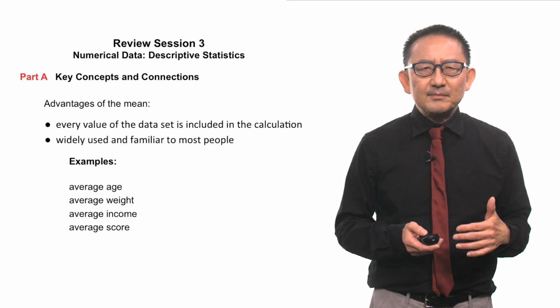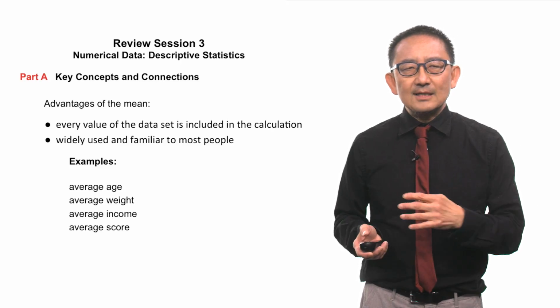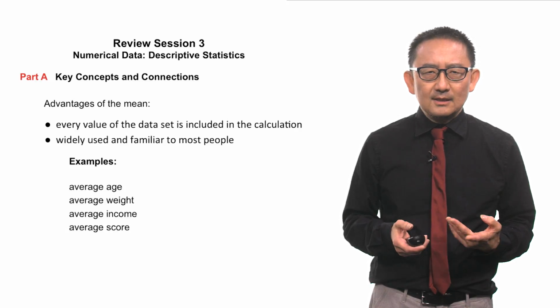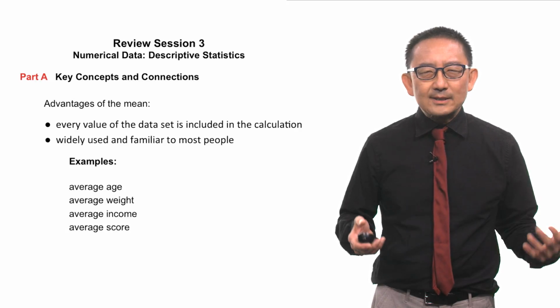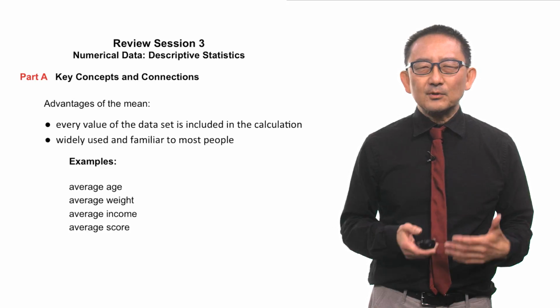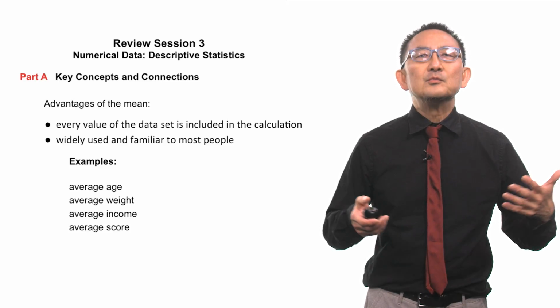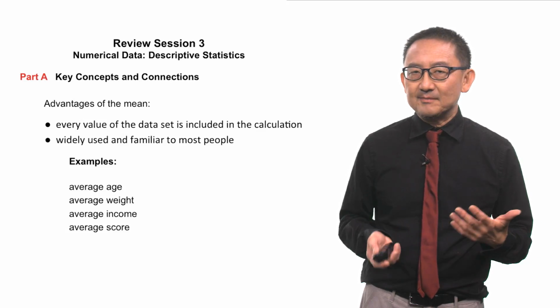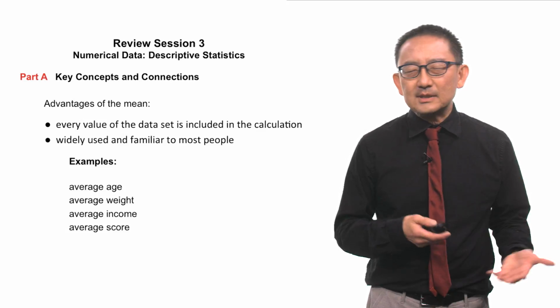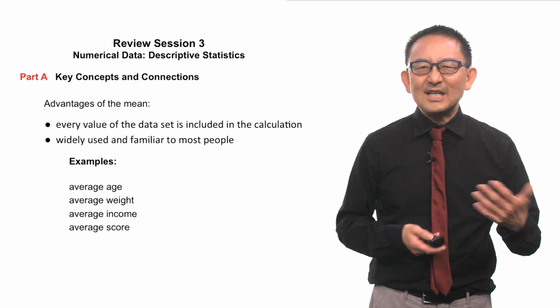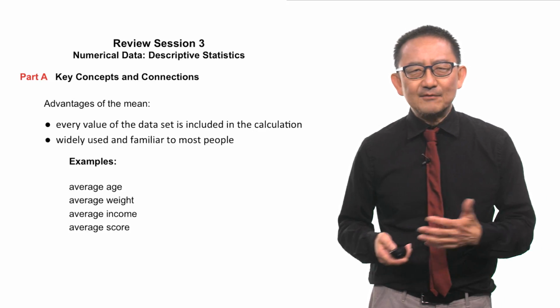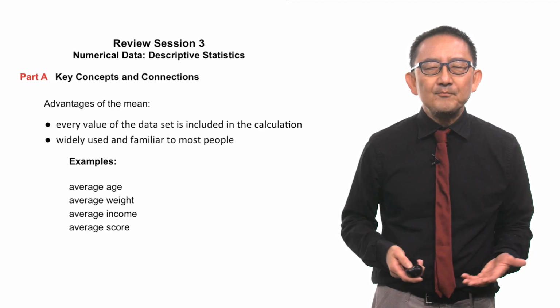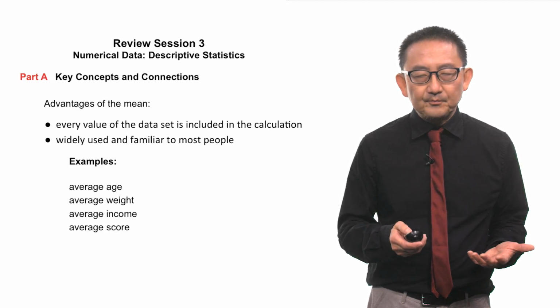The advantages of the mean are that every single value in the data set is included, and it's very widely used. Most people are familiar with the term average, but the mean and the average are exactly the same thing. People always bandy about the terms average age, average weight, average income, average score, and it's quite familiar.